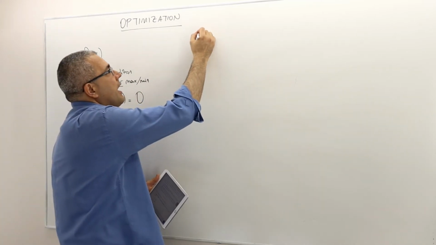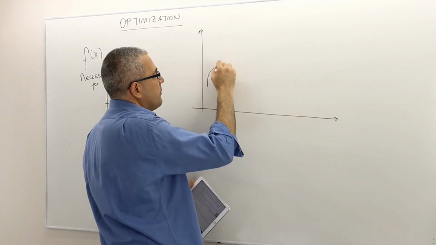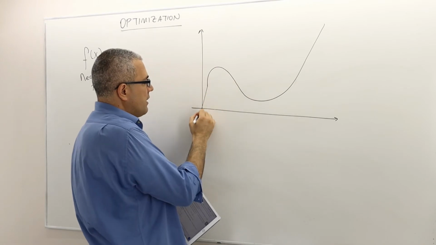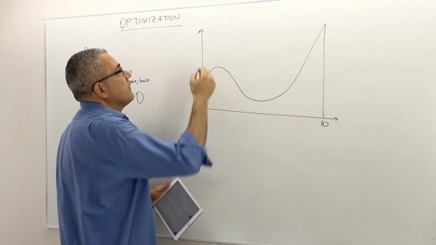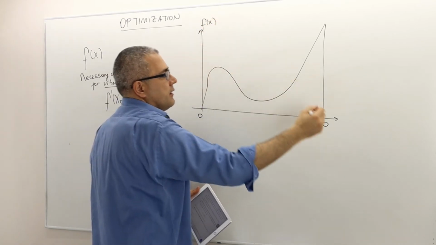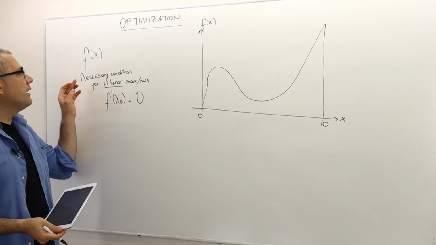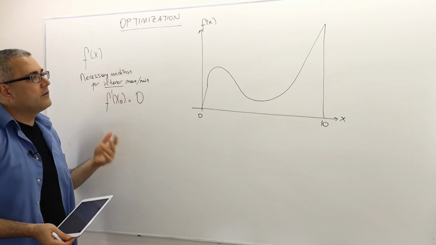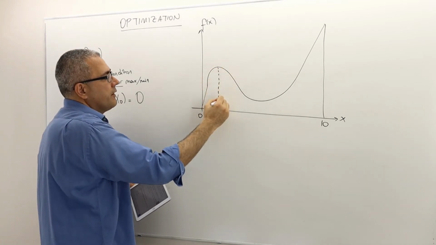Suppose I have a function like this, on the interval 0, 10. This is my f of x function, and this is my variable x. A necessary condition for an interior max or min is, for example at this point, that the derivative is equal to 0.